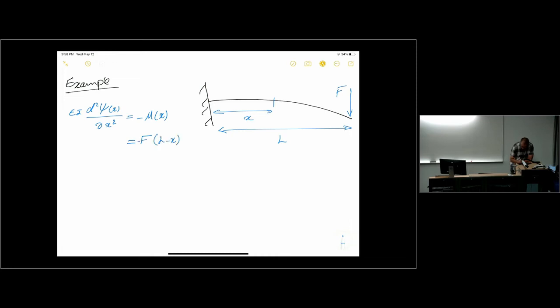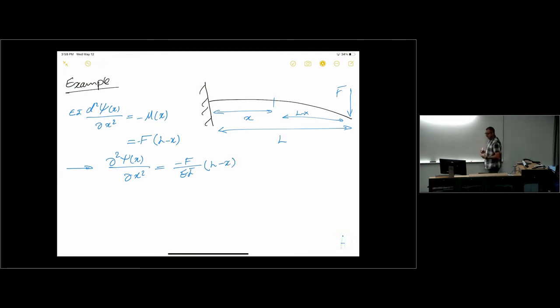So the distance here is L minus x. So that's the moment applied to this beam. So I have psi of x at any location x from this expression. Let me just maybe simplify it. So the second derivative of psi of x with respect to x is just minus F over EI times (L minus x).